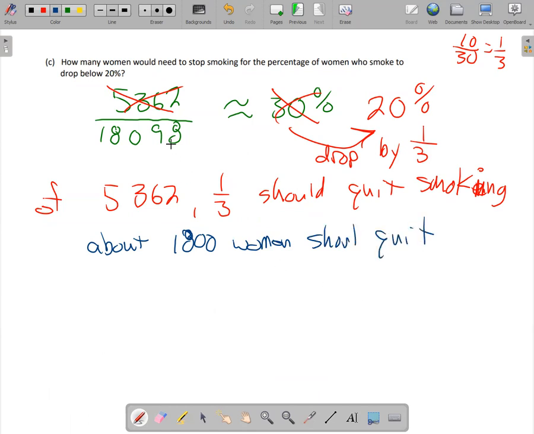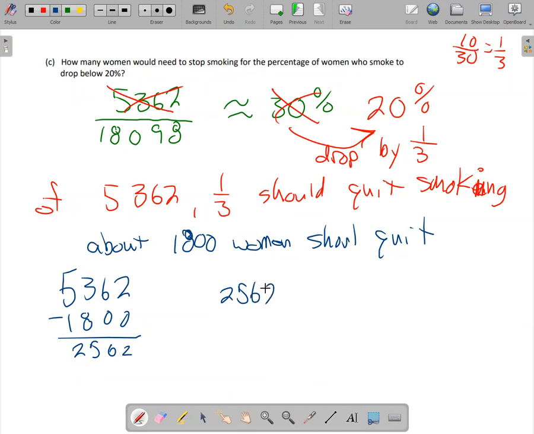All right, so let's check the percentage. If 1,800 quit, then I need to know what is 5,362 minus 1,800. That's going to give me a 3,562. Make sure I did that right. Yeah, 3,562. If there are still 3,562 women who smoke, what is that out of the 18,098 women?